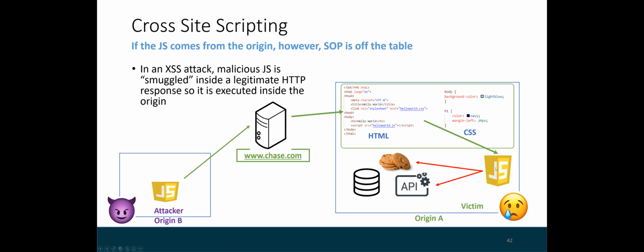The browser thinks that this JavaScript came from chase.com when it really came from me, but I just bounced it through chase.com in order to load it in the victim's origin. And now my malicious JavaScript is executing inside this box on the right instead of this box on the left, and the same origin policy no longer applies. My malicious JavaScript would have access to Chase's cookies, the storage, the APIs, anything I wanted within my victim's browser.